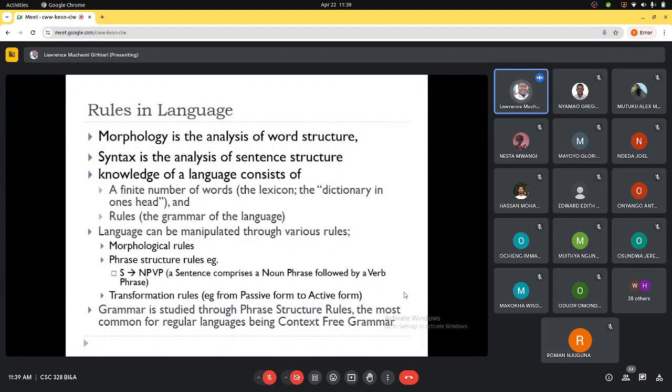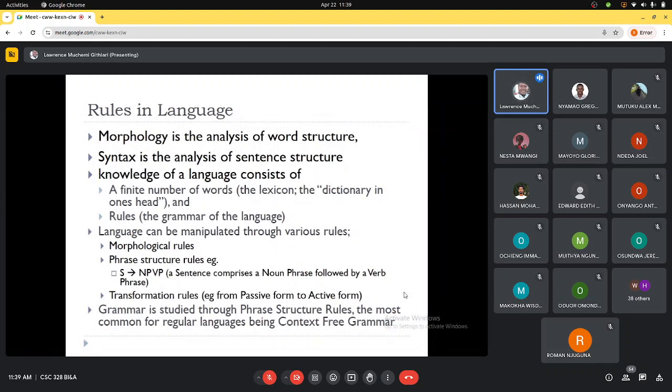Active grammar is which one? John kicked the ball, or the ball was kicked by John? John kicked the ball. Exactly. John kicked the ball is what you call active grammar. And you always start with who is doing the action, the doer of the action, isn't it? Like John is who is doing the action. Then you go to what action was done.